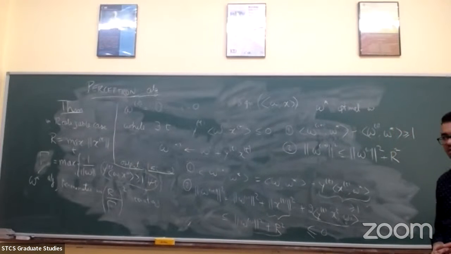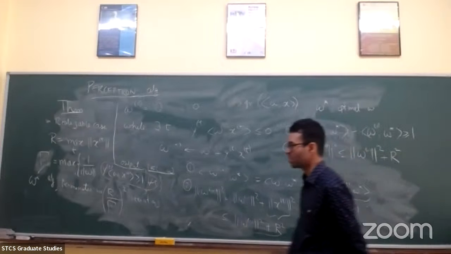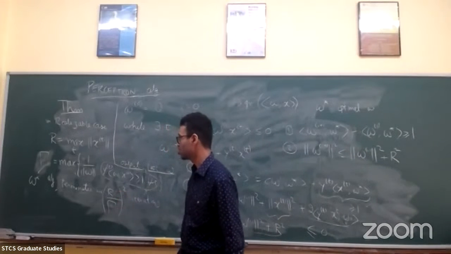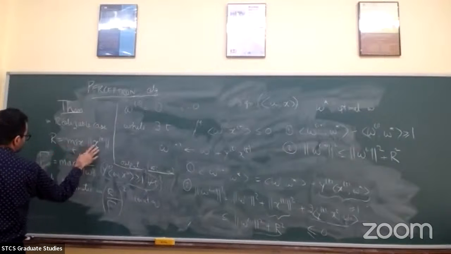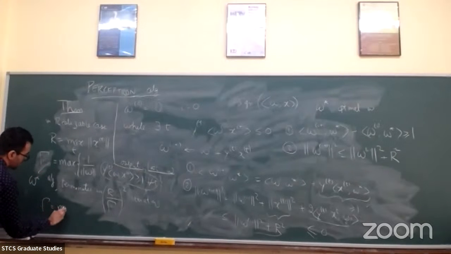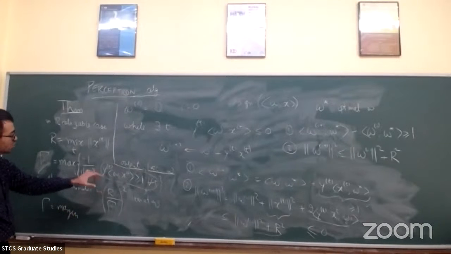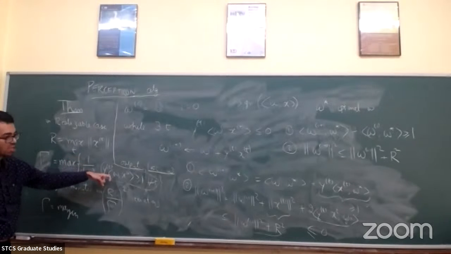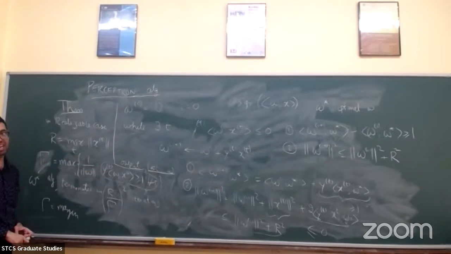Any questions about this? And ultimately, you get this bound, which is also interesting. So R is the maximum of x_t, and gamma is this. So gamma is a margin. Look at the best line, the line which will achieve the maximum of the minimum distance from any intermediate point.